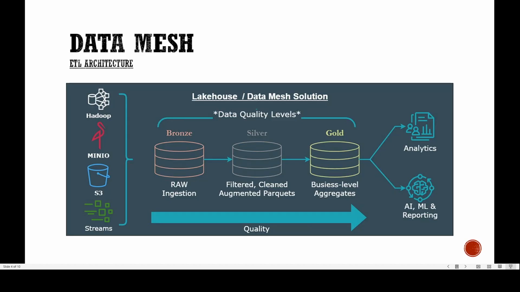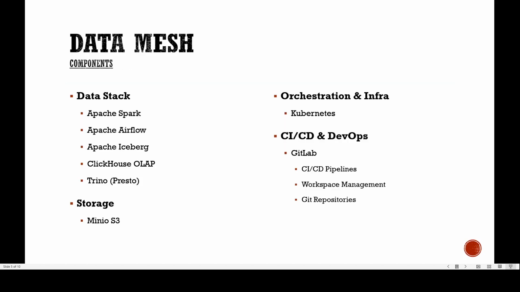Obviously, you've got gold and business level aggregates, but again, it's just one way of doing it, and obviously this is not exactly what I did, because this diagram is taken from a presentation for an enterprise's CTO, so I had to do some sort of explanation over there, going not too deep into it. But generally speaking, that's how it looks. Our stack is Apache, ClickHouse, Trino.